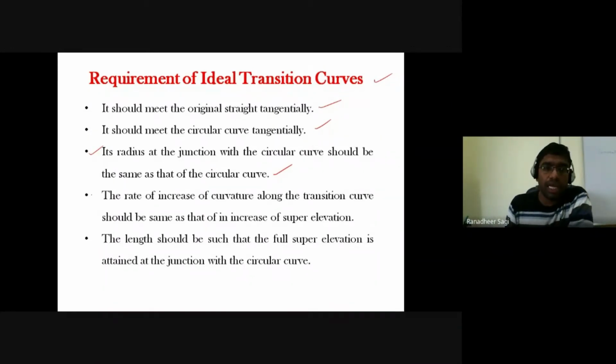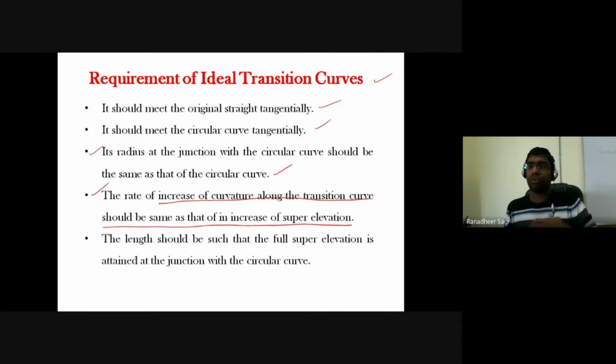The rate of increase of the curvature along the transition curve should be the same as that in the case of your super elevation. So when you are trying to increase the curvature of the curve in the case of your transition curves, I said the radius of the curve is not constant. So we continuously keep on changing the radius of the curvature. So the rate at which that radius of the curvature is getting changed has to be kept constant throughout the length of your transition curve, which you are going to be providing.